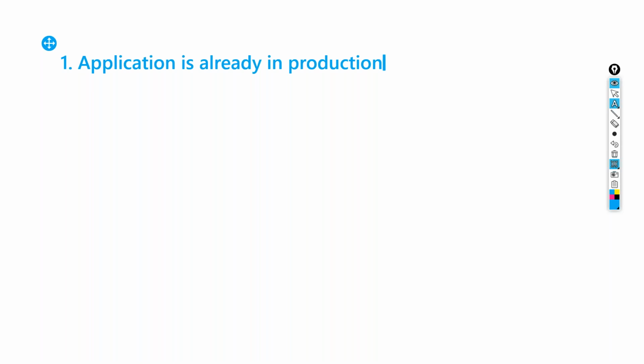If the application is already in production, how we get the data is, we have to get the production logs, the historical data of at least the last 6 months to 1 year, using analytical tools like Splunk. I'm not sure if you already know Splunk. You can also use SQL queries.